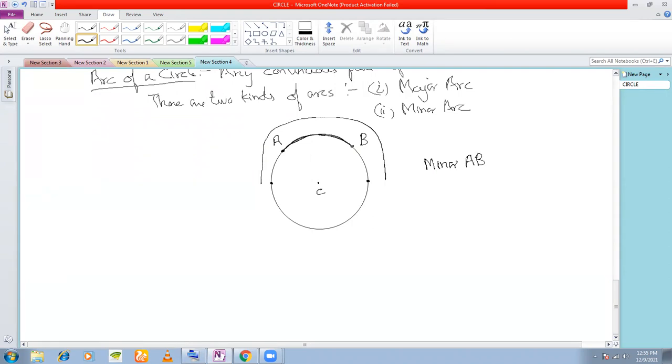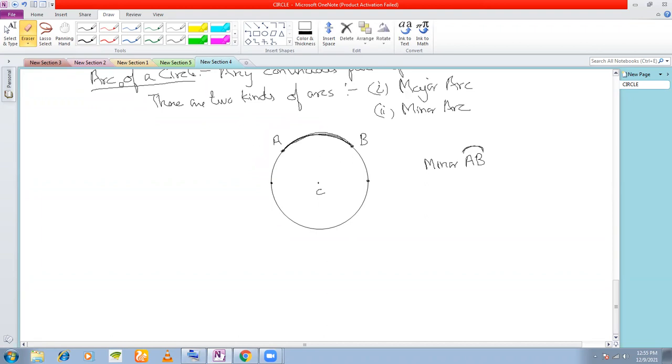And we are talking about arc. We put a curved sign above AB to denote that it is an arc and not a straight line. Minor arc AB is this. That means we are only talking about this part here. What about the major arc? This is half the circle I have shown you already.